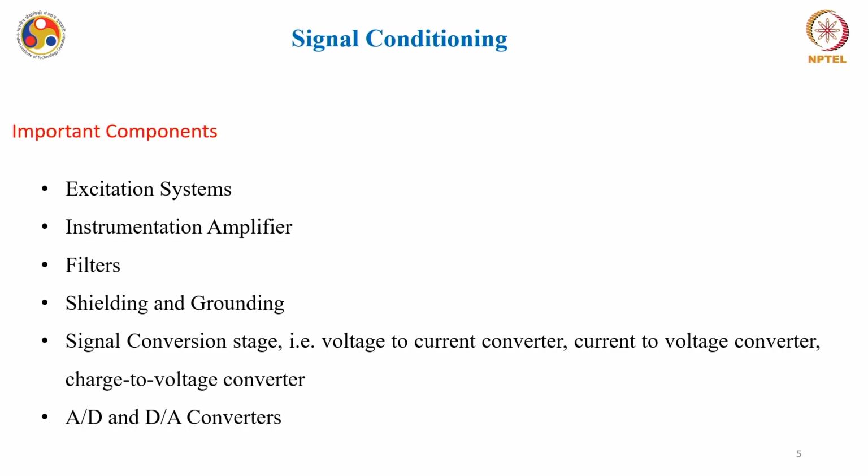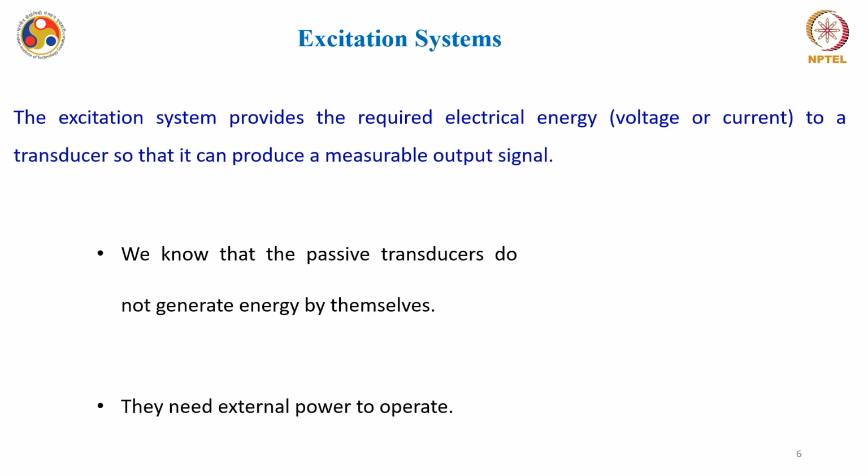You have a signal conversion stage where you may require voltage to current converters, current to voltage converters, or charge to voltage converters, and so on. And you have also different ADCs and DACs, analog to digital converters as well as digital to analog converters. All are essential components of any measurement system, and these are called signal conditioning systems or parts of a signal conditioning system. We will try to learn some of them and see how they behave when they are attached in a measurement system or as a part of a measurement system.